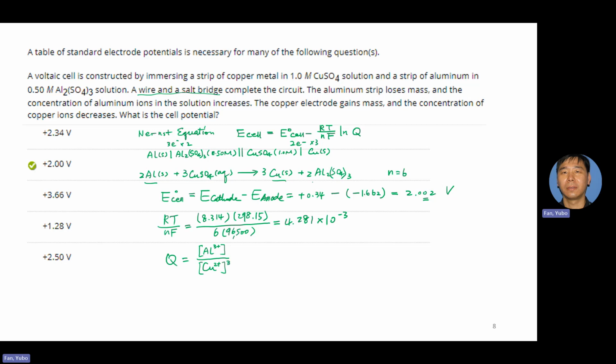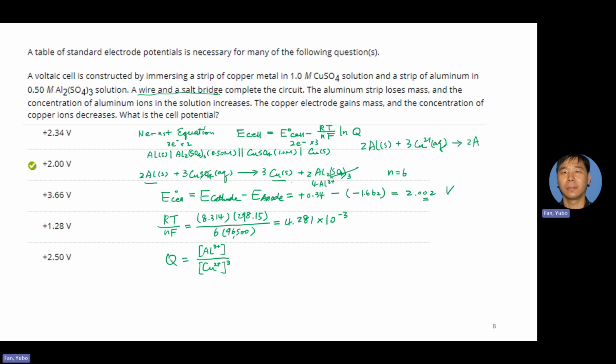And for aluminum, that should be 2. So we need to write the net ionic equation. The sulfate, 3 of them, can cancel out. So we write the net ionic equation for this redox reaction, plus 3 copper 2 aqueous, equals to 2 aluminum.